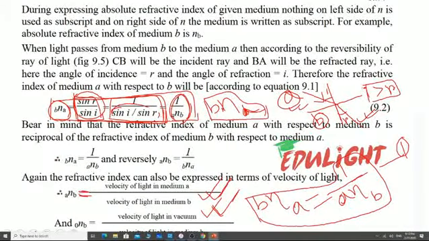A eta B can be said as velocity of light in medium A divided by velocity of light in medium B. That means the refractive index of the refracted medium with respect to the incident medium is equal to the ratio of the velocity of light in the incident medium, that is medium A in this case, and the velocity of light in the refracted medium, that is medium B here. You can say it like this.